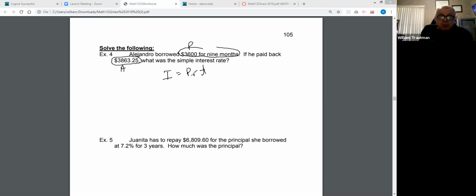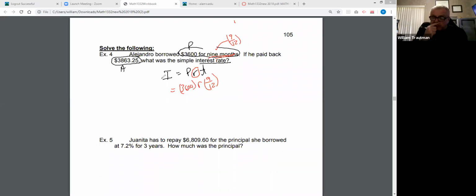We want to know what the interest rate is, so we're trying to find R in this formula. T is 9 months, so T is 9 over 12. The principal is the starting amount, 3,600.